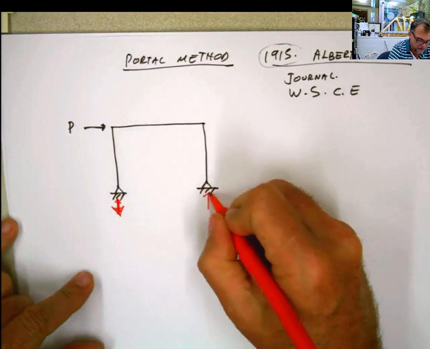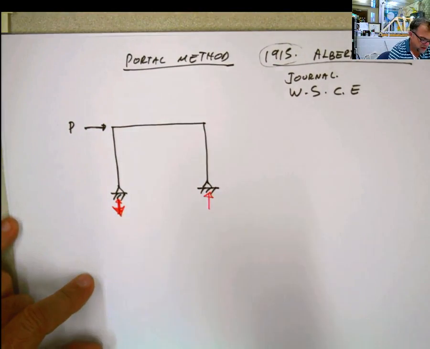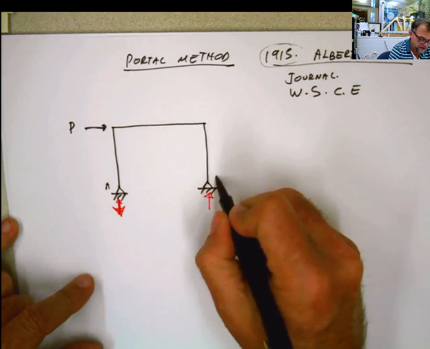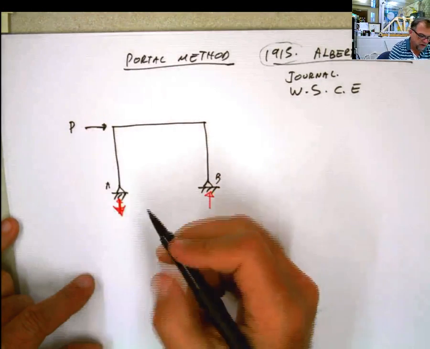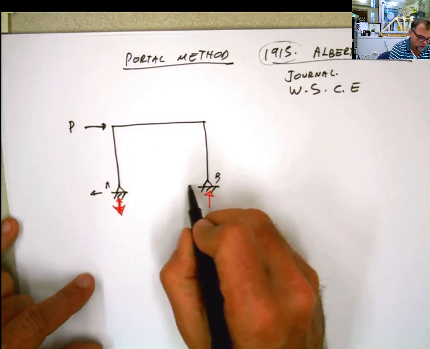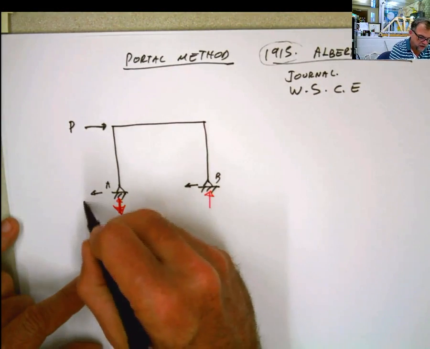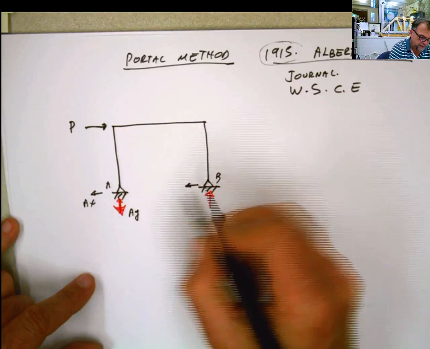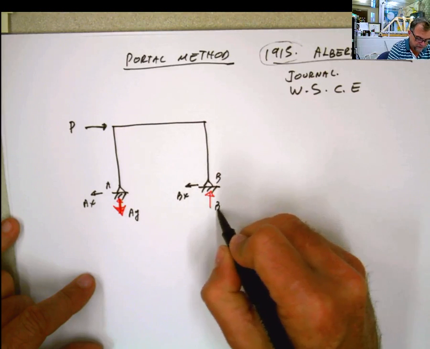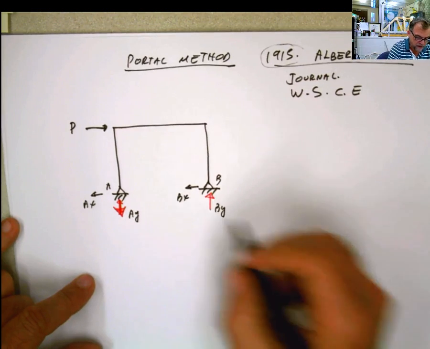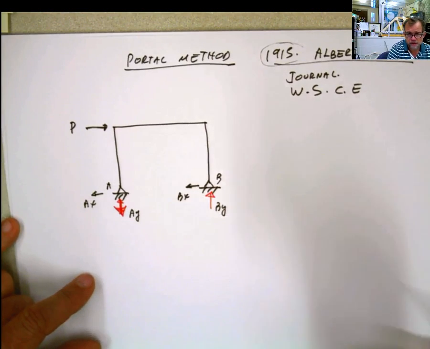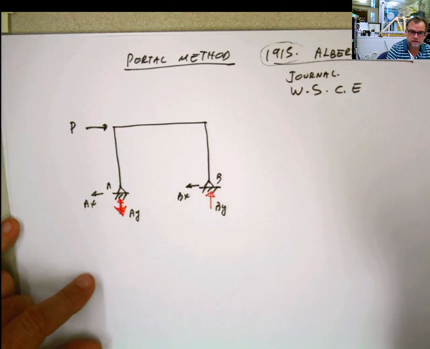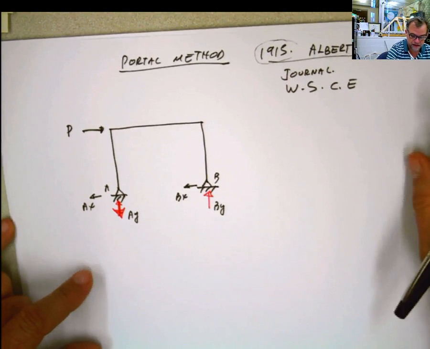It doesn't matter if you don't, but let's say this is A, this is B, with the correct direction of the reactions countering the moment, and then you're going to have two forces in this direction also. So AX, AY, BX, and BY: 1, 2, 3, 4. You have 4 reactions and 3 equations. There's no way that you can solve this using statics alone.